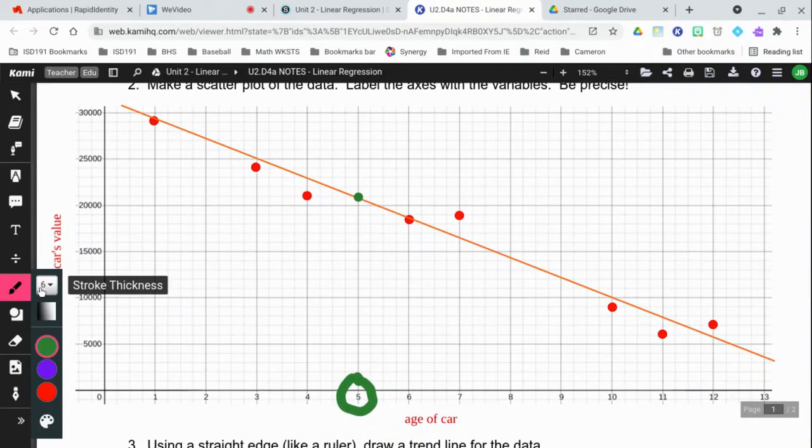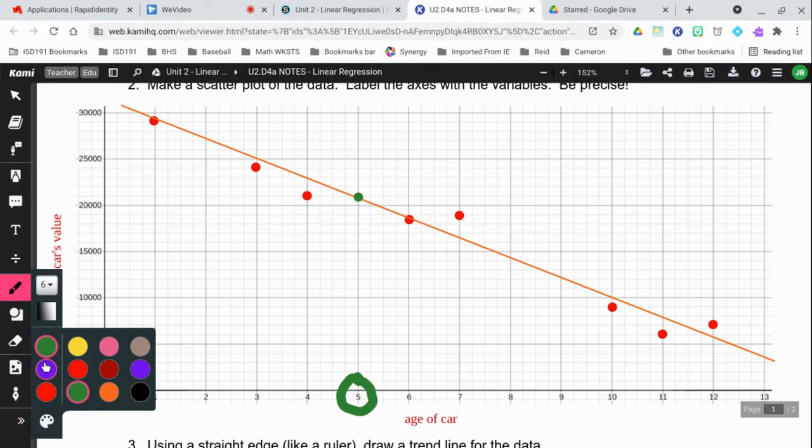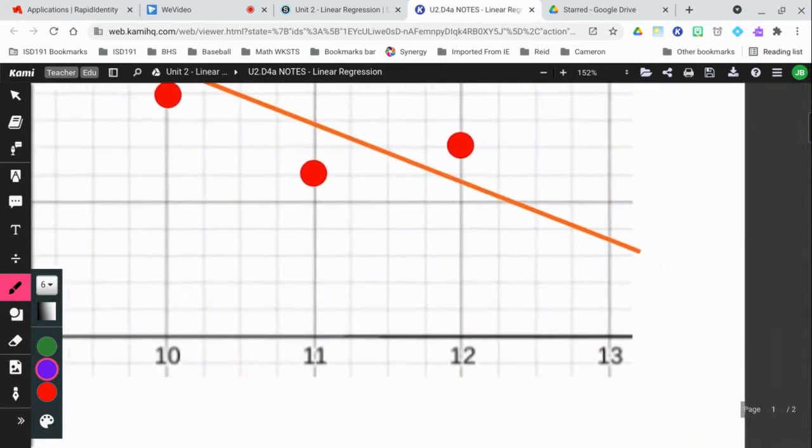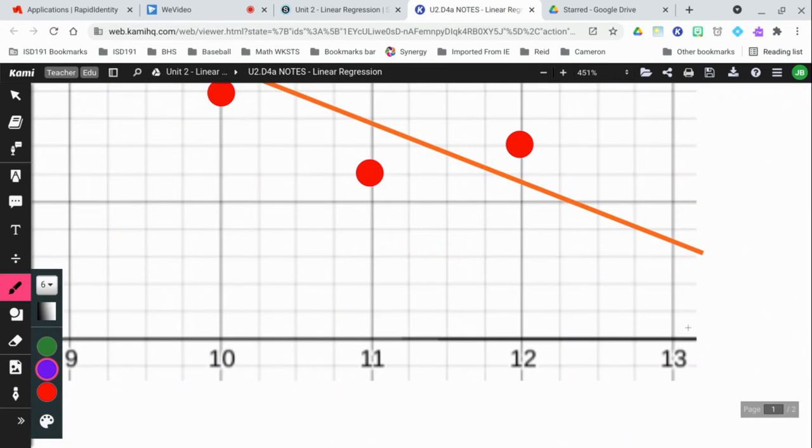All right, drawing tool 6. Let's do this bluish purple color. All right, a 13-year-old car. Zoom in here to make it easier. So a 13-year-old car, if I go up to my trend line, it would be right there, in between those two grid lines.